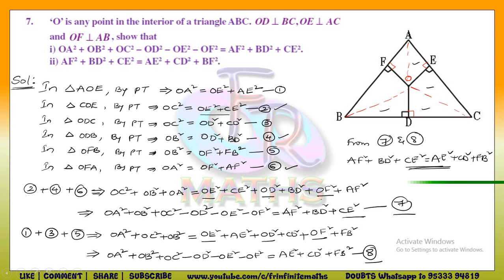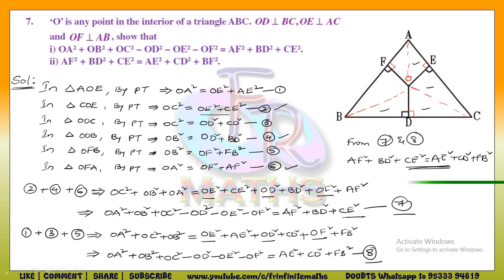So likewise we can prove this question. We considered the 6 right angle triangles, took them in clockwise order and applied the Pythagoras theorem, and after that we took the triangles alternately and added them. Based on that we got these two results.